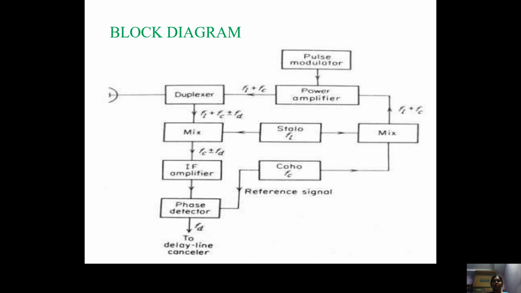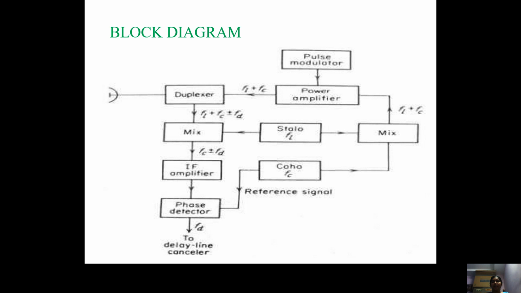We know that the amplitudes of the non-moving targets are the same, while the amplitudes of the moving targets will differ. That is why the output of mixer 2 is the signal coming from the moving targets, which is of our interest. This has a frequency equal to FC plus or minus FD.